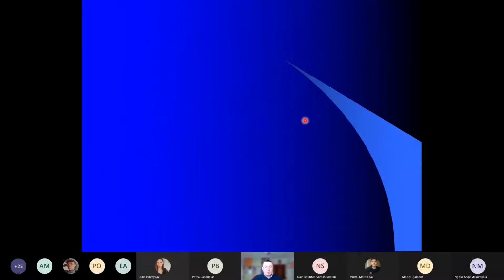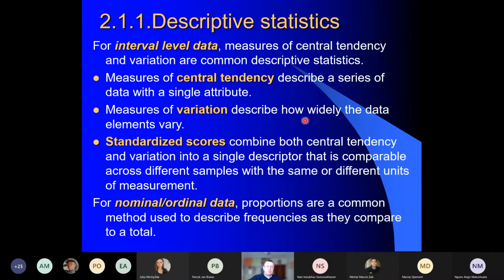Let's start with when they are applicable first. If we talk about interval level data, measures of central tendency and variation are common statistics. Central tendency describes the center of data with a single attribute. Measures of variation describe how widely data deviate from this single attribute, or vary.